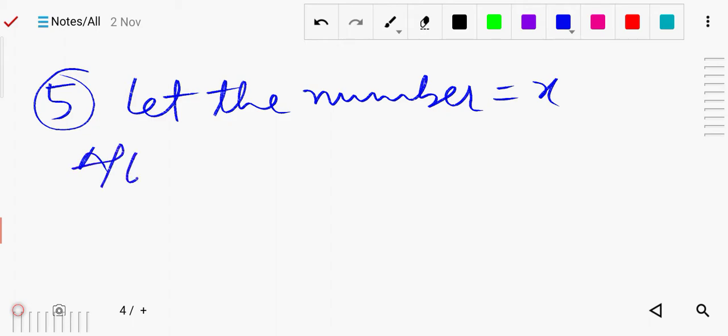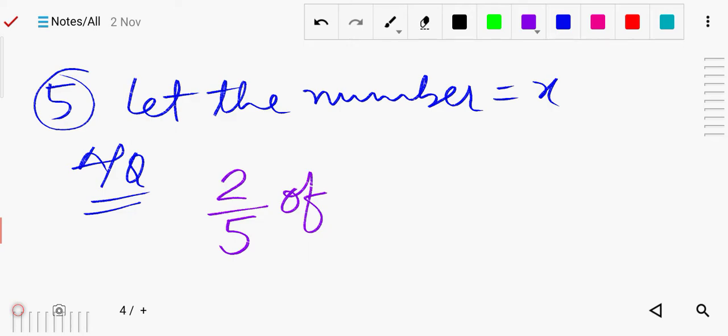According to the question, 2/5 of a number, 2/5 means 2 divided by 5, of a number. What is the number? x. So write 2/5 of a number x equals 8.